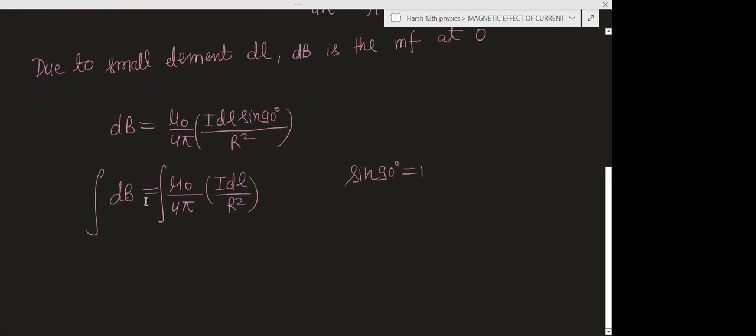This will become the total magnetic field at point O. I am supposing B is the total magnetic field at point O, and out of the integration we can take the constant terms.